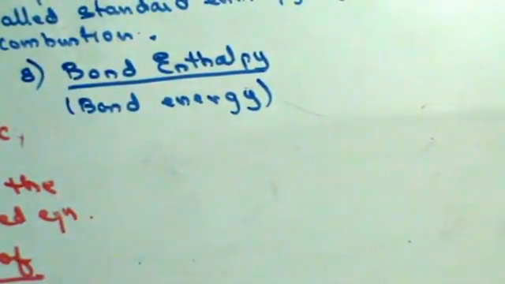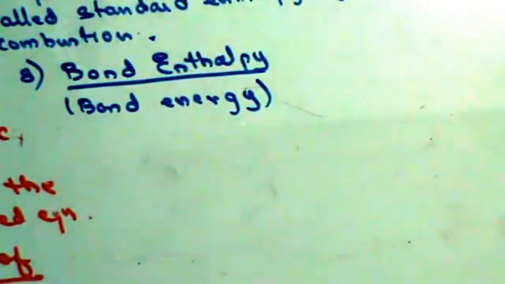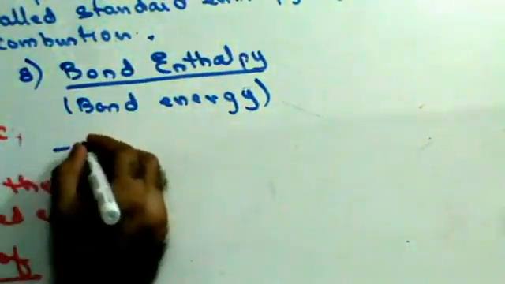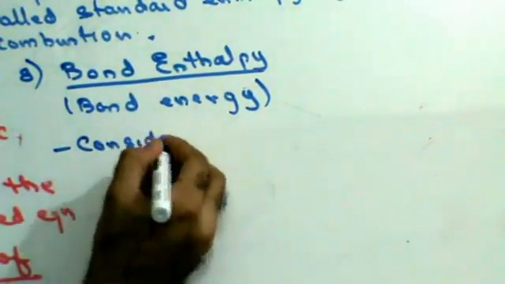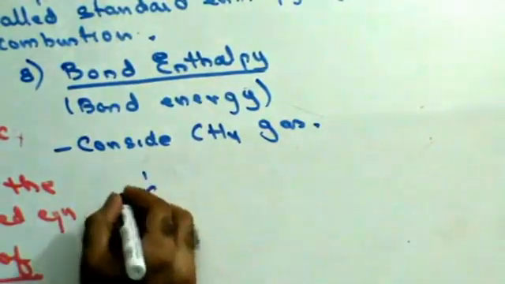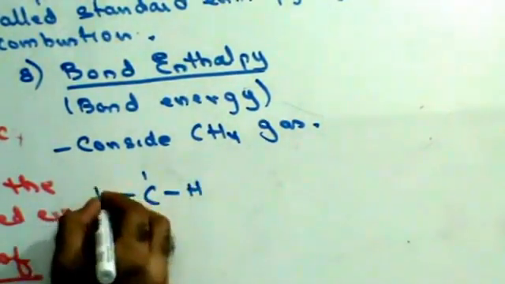Now let's consider methane gas. If I draw methane gas, you have the carbon with H atoms around it.